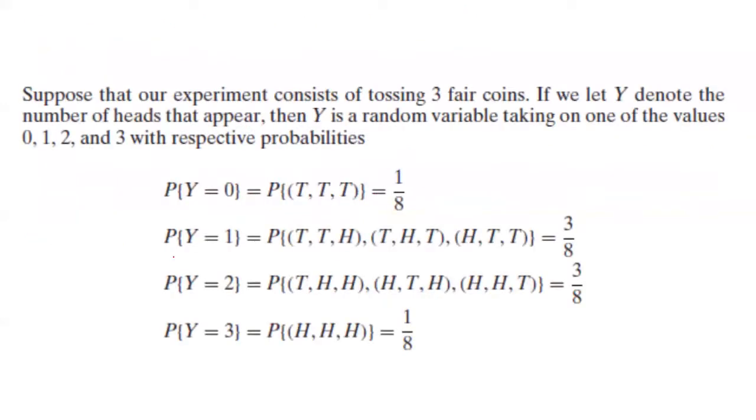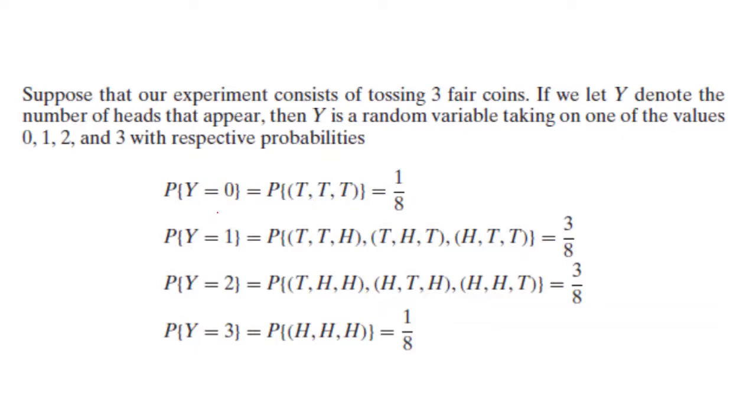For example, the probability of y being 0, that means the number of heads is 0. This probability is 1/8, right? Because there are 8 possibilities in this experiment, and the event TTT has only one sample point.